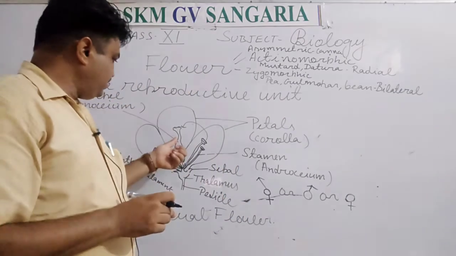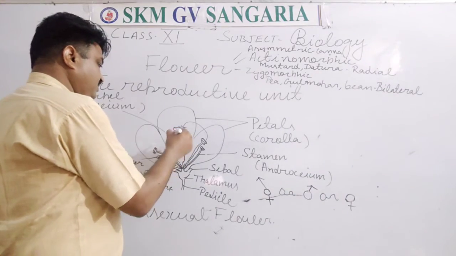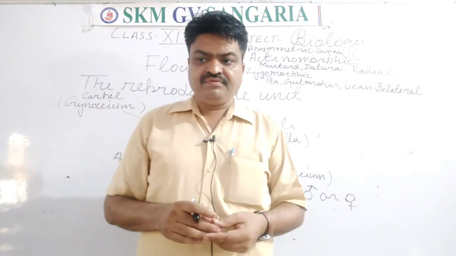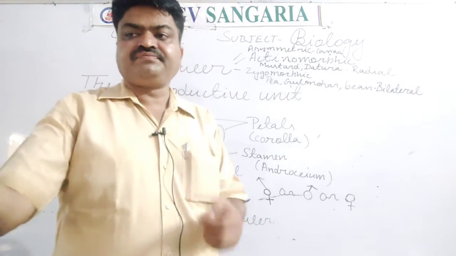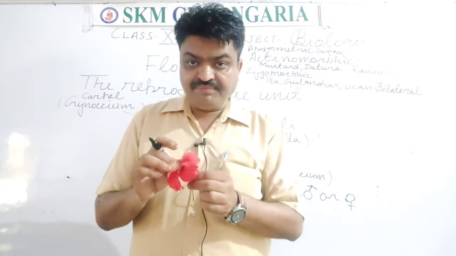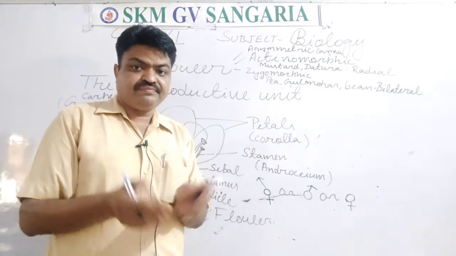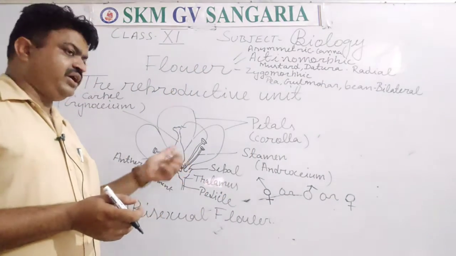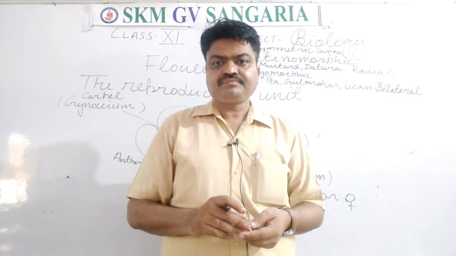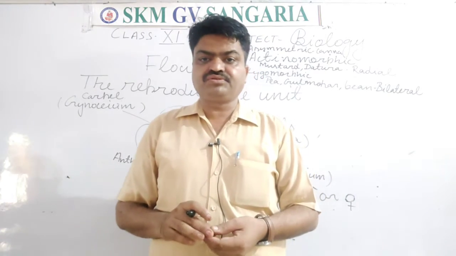Now there is a neck-like structure, student. This neck-like structure is known as style. What do we call it? Style. This is the complete structure, student, the neck-like structure. And in the middle of this there is a broad structure, student, and that broad structure is known as ovary, and the ovary contains the ovum, student.